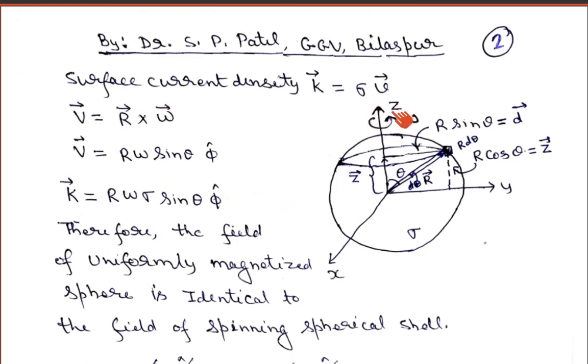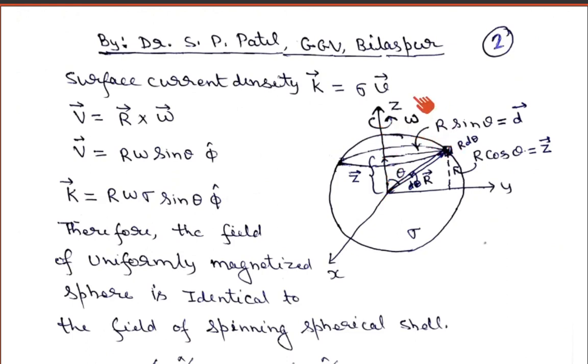So in order to solve this problem, let us consider a small displacement vector on the spherical shell, at an angle theta with respect to the magnetization, that is, with respect to the z axis, and then d theta is the infinitesimal displacement. This displacement length will be equal to r d theta, and obviously it will be along the phi unit vector direction, okay. This is the radius r, and omega is along the z axis.